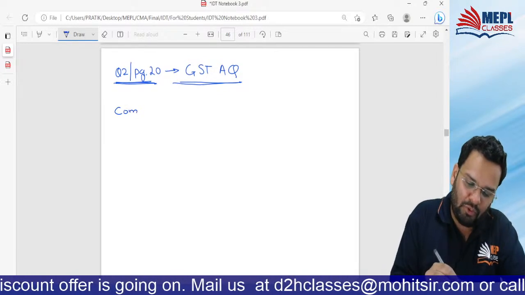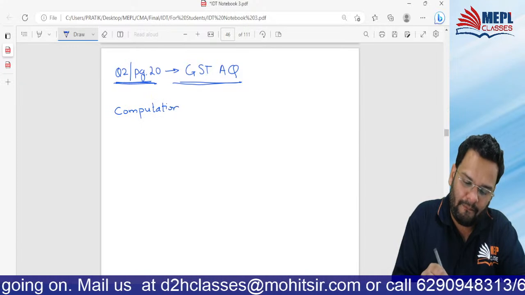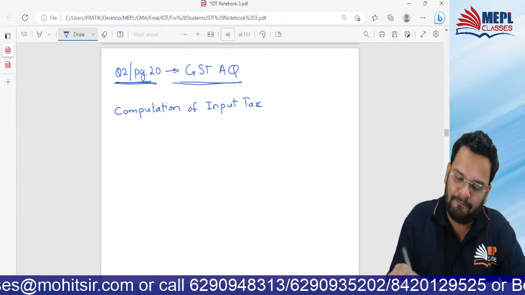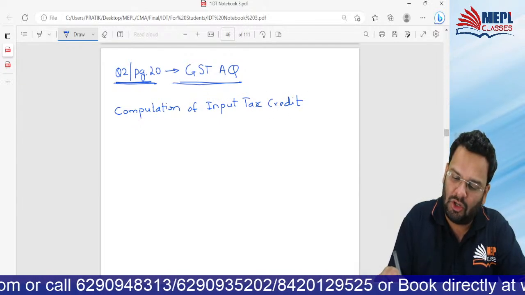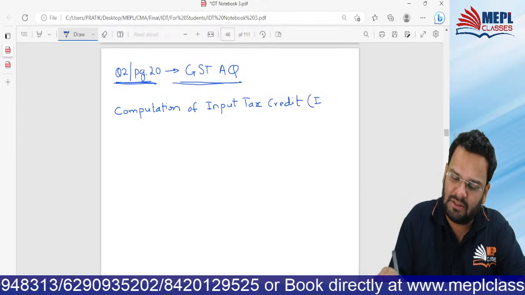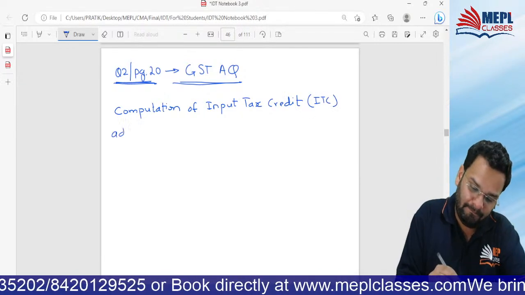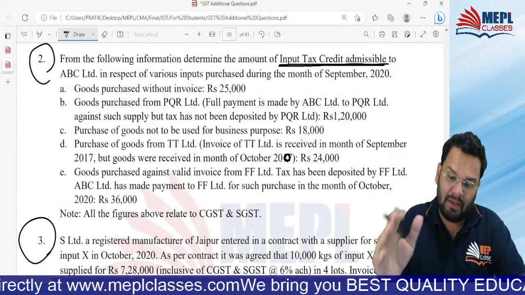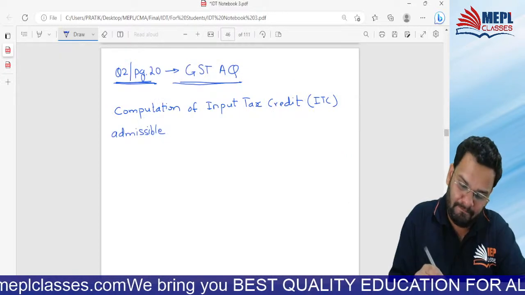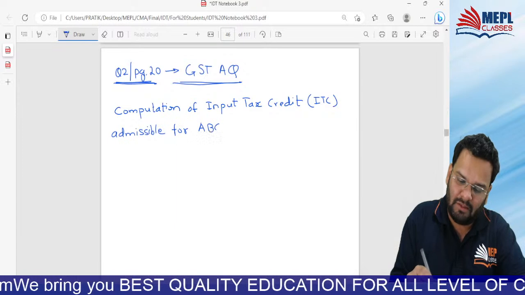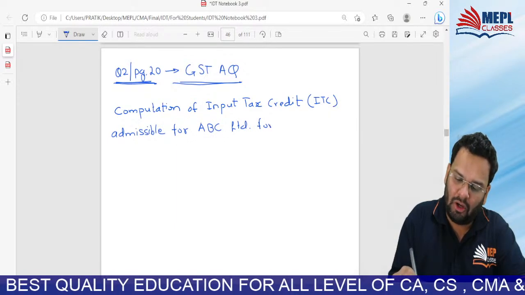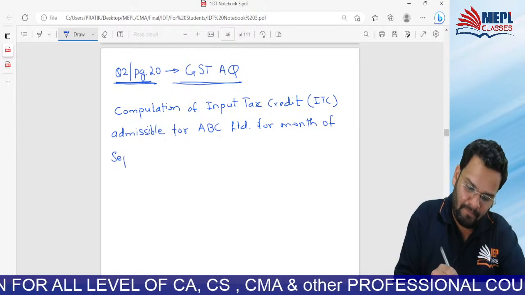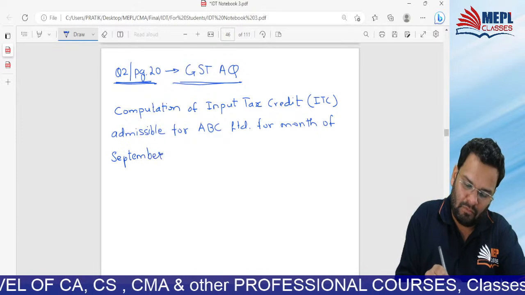Give the heading, computation of input tax credit admissible. Computation of input tax credit, that is ITC admissible for ABC Limited, for the month of September 2020.